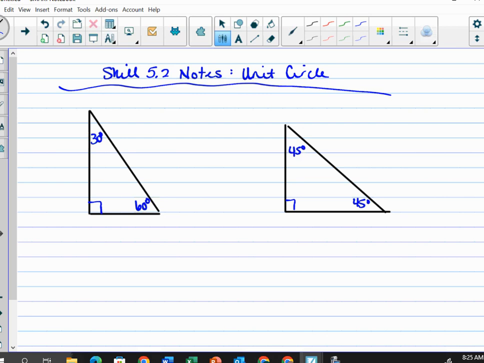All right, guys, let's say I gave you these special right triangles, and in both of them I told you the hypotenuse was 1. Could you find the other sides? Okay, do that for me real quick.